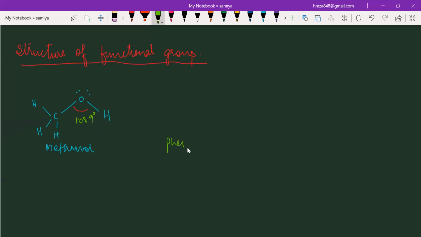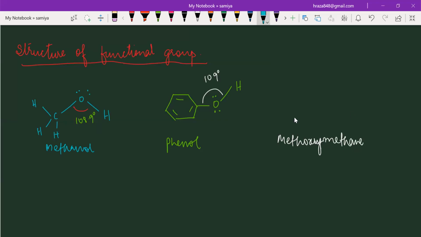And again, when we talk about phenol, you can see this angle will be 109 degrees. And when we talk about ether, that means methoxymethane, the structure will be like this, and the angle between C-O-C is 111.7.